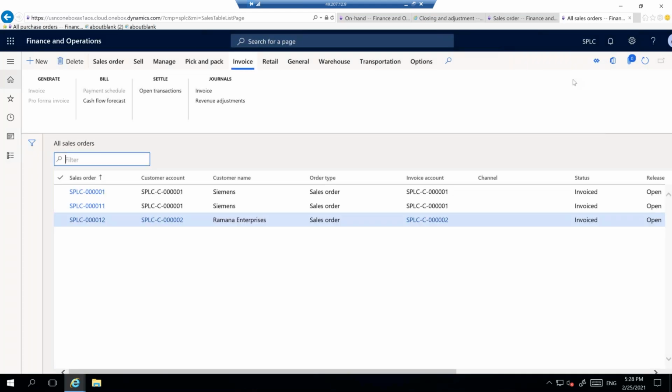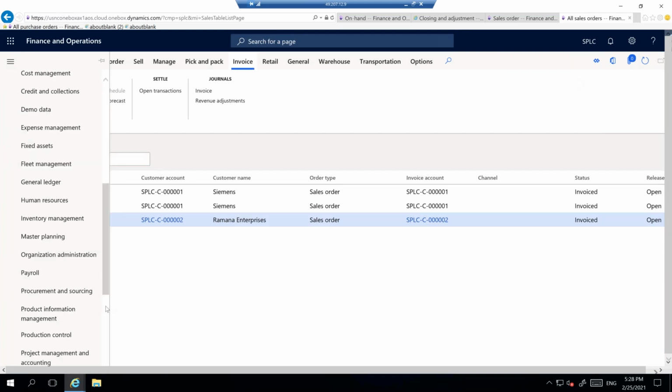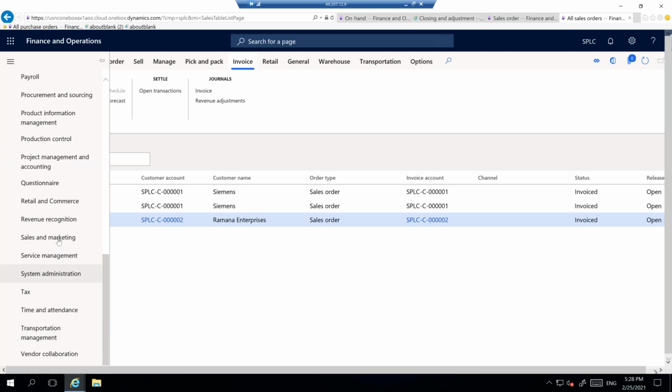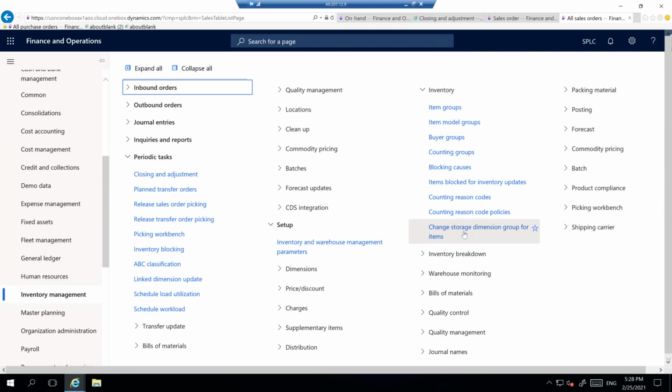Because you are doing the inventory adjustment process, I mean to say inventory closing, we need to go to inventory management. So we know postings, item group.